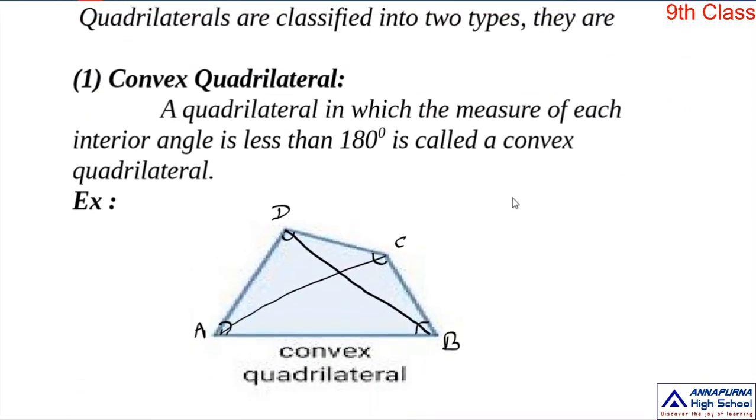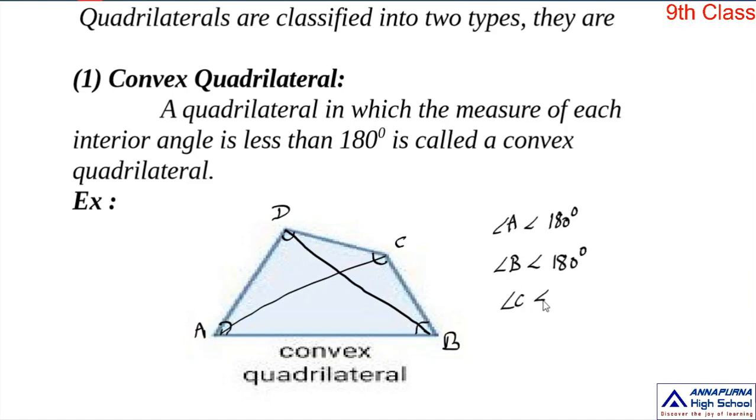What is the definition of a convex quadrilateral? A quadrilateral in which the measure of each interior angle is less than 180 degrees. How many interior angles are there in a quadrilateral ABCD? There are 4 interior angles: angle A, angle B, angle C, angle D. Angle A is less than 180 degrees. Angle B is less than 180 degrees.